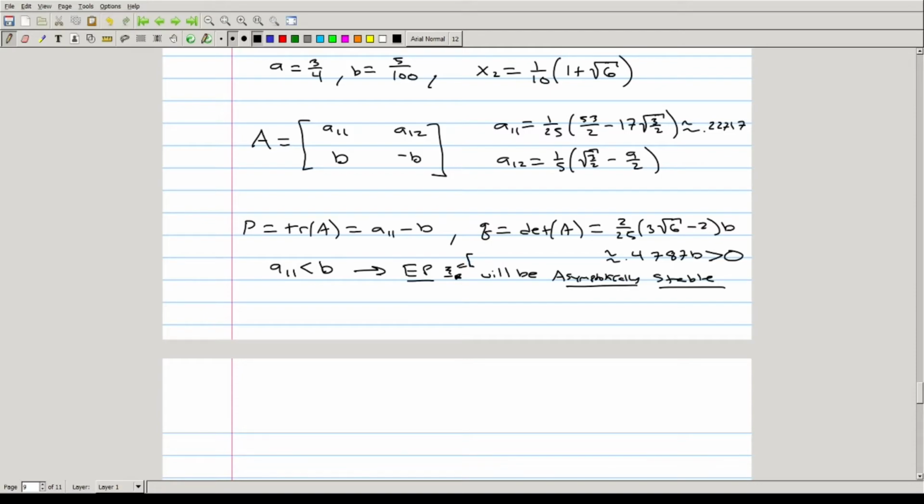Remember, this is specifically the point x2, x2. And if b is less than a11, this equilibrium point will be unstable, because this will mean that the trace is positive.